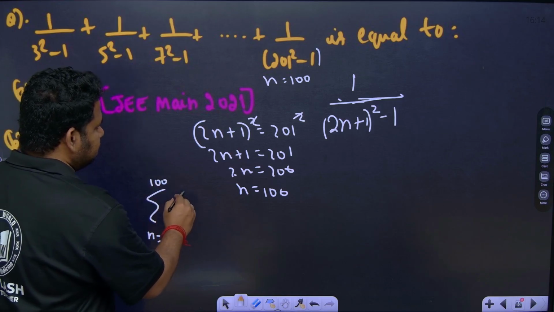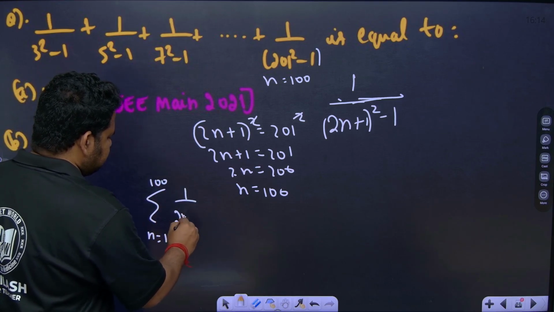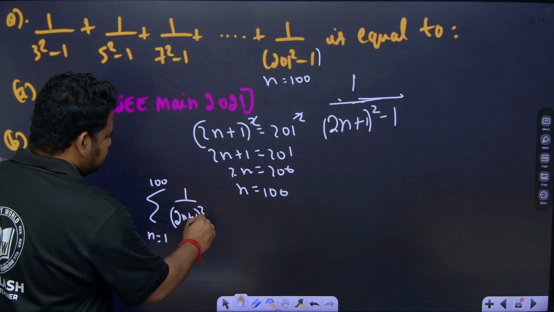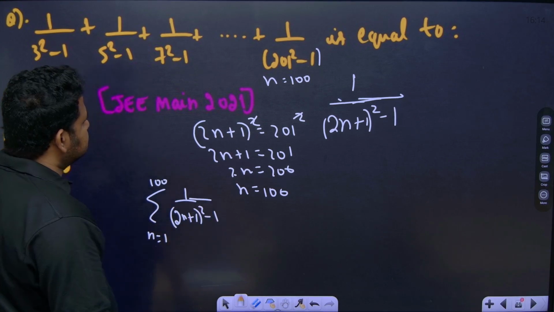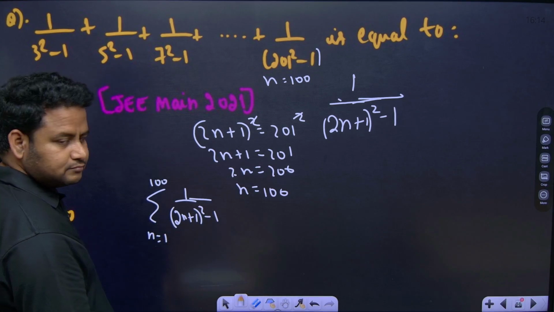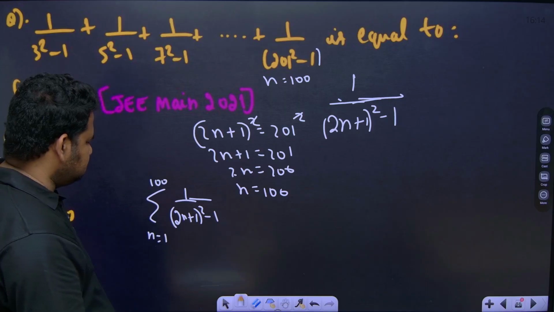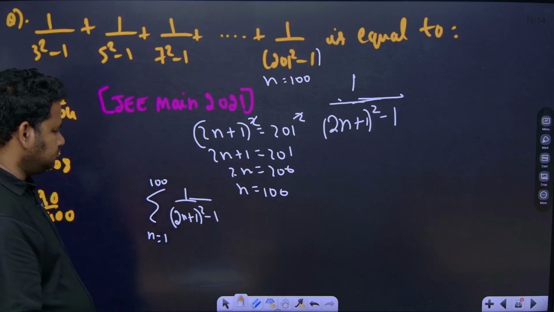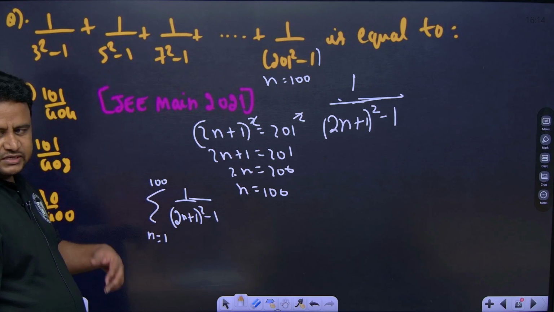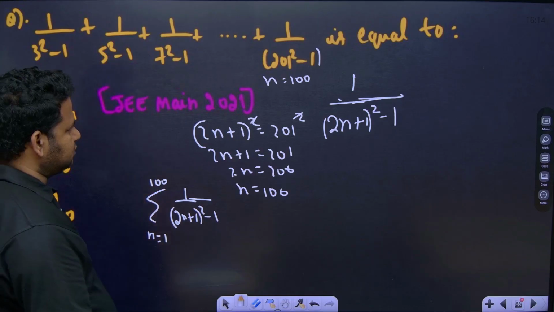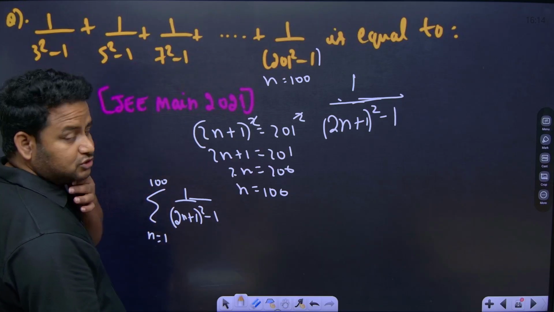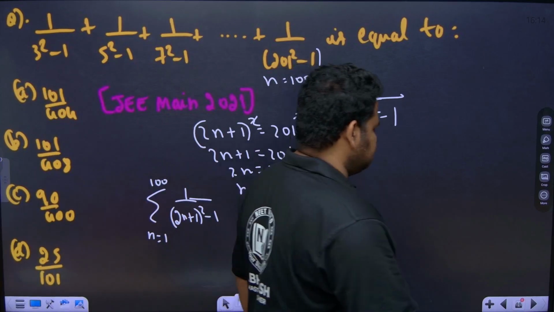This will become equal to 1 by 2n plus 1 whole square minus 1. So this will become equal to what? You will get the same thing. So something is missing in the question. Let us see next question. Okay, I will check the question.